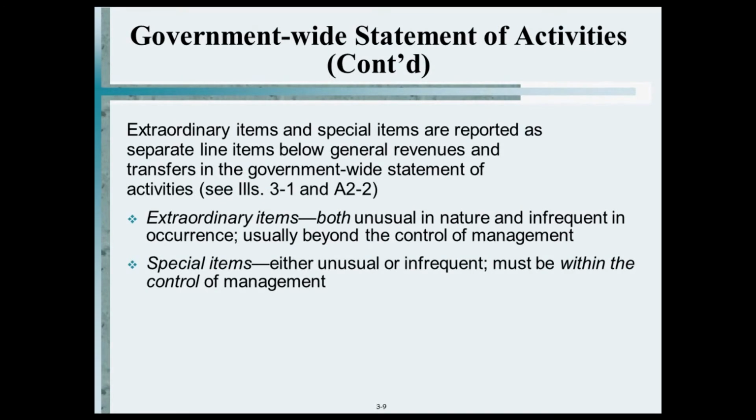For instance, on the New Jersey Statement of Activities, the sale of Interstate 95 to the New Jersey Turnpike and the money that's received. That's a special item, because it's still within the governor's control, it's still within management's control, but it's a special item. So it's usually the sale of government assets.